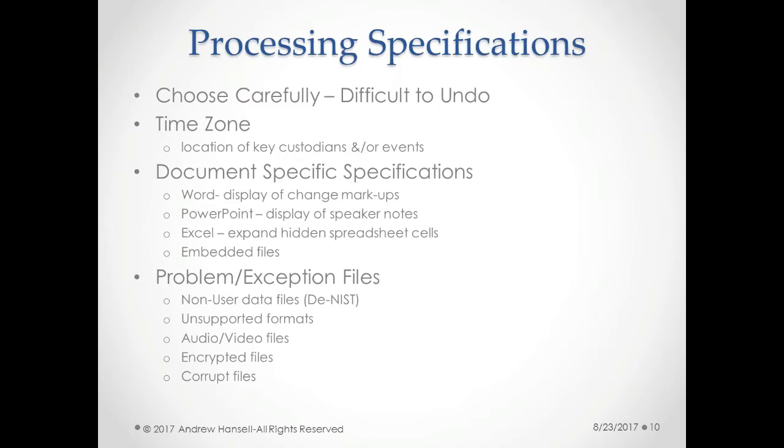The key here is to try and determine how many files there are. It's routine to find some that can't be resolved. However, if you encounter a vast number of them, you may get questions from your opponent about whether the corruption actually occurred as part of your collection process and your processing, as opposed to where the data sat in the client's files, and you may want to investigate whether or not you can resolve those corruptions.